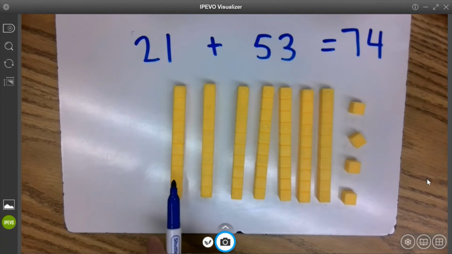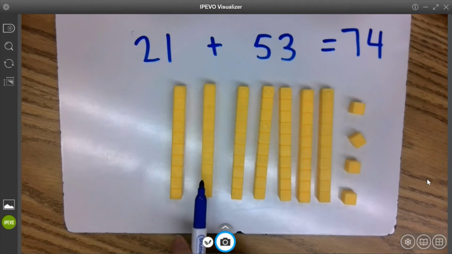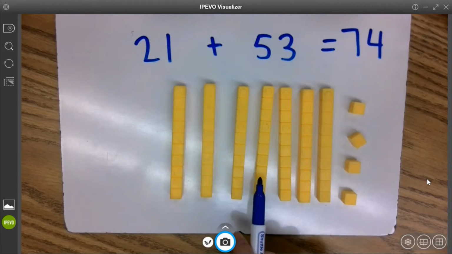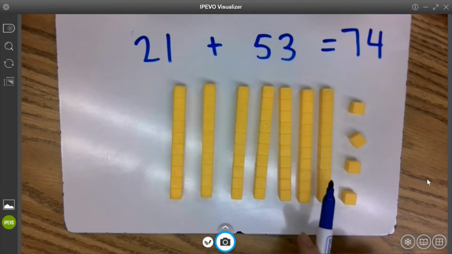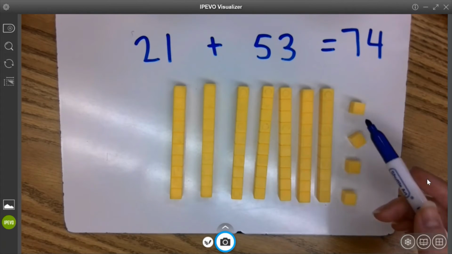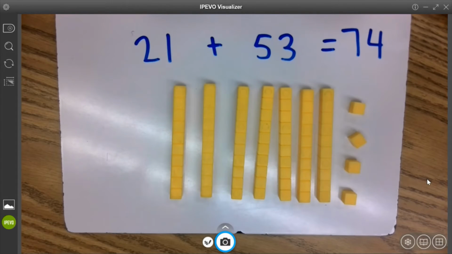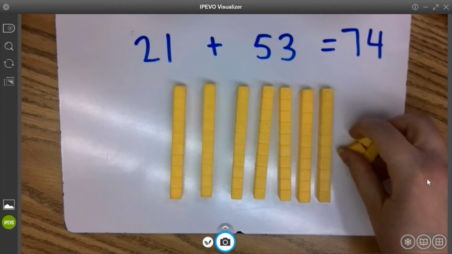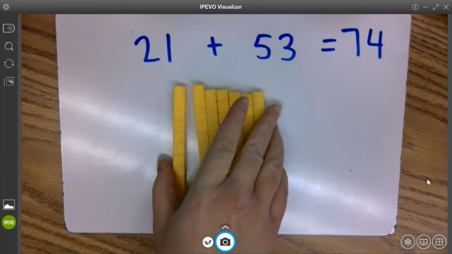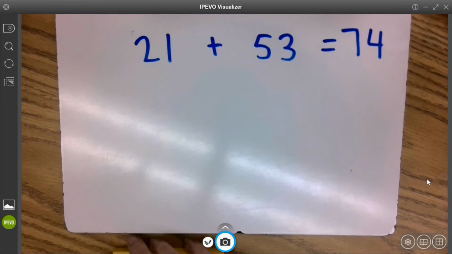I can also count it out. 10, 20, 30, 40, 50, 60, 70. Then I move to ones. 71, 72, 73, 74. Okay, so how are you feeling about that? Pretty simple when you remember that things that are alike should be grouped together.